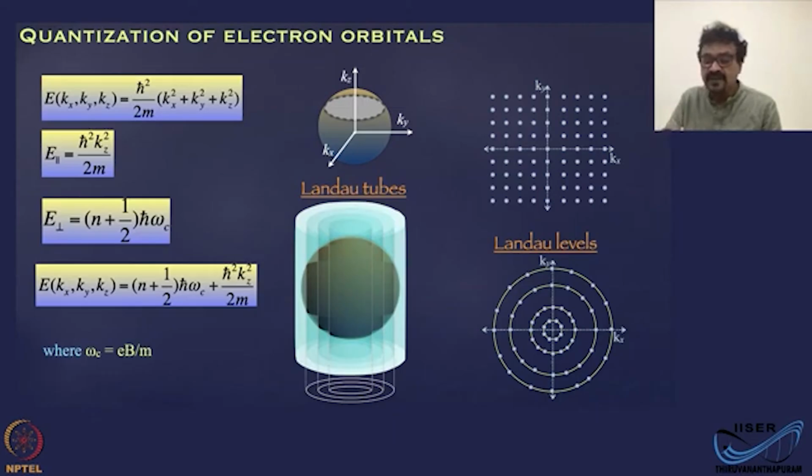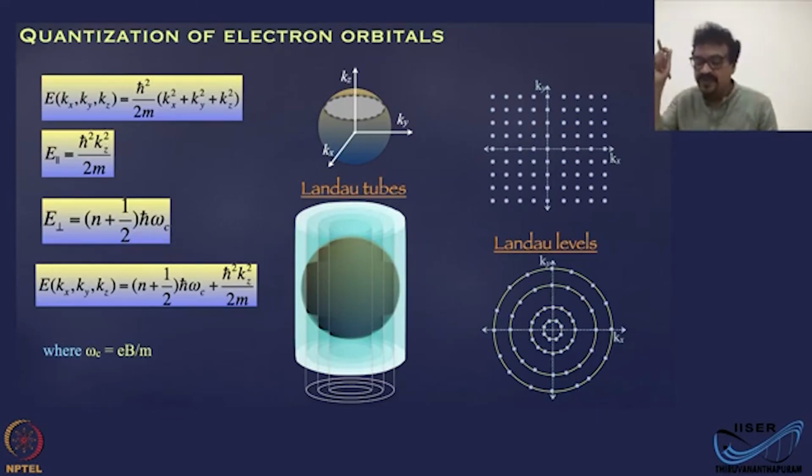Now what we are interested in is what happens to the distribution of these states, which are now evenly distributed in a square lattice, or a rectangular lattice depending upon the dimensions of the material.